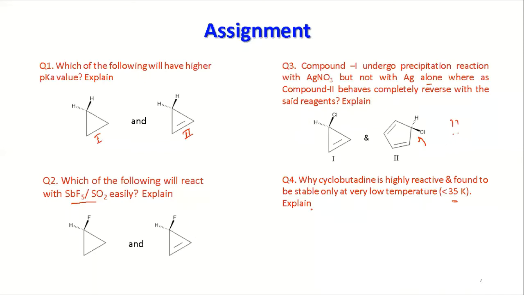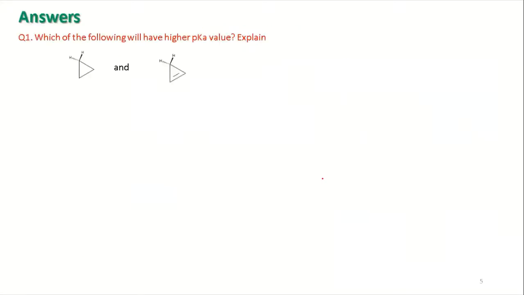Let me give you the answer to question number 1. Which of the following will have a higher pKa value? Before that, we need to know what pKa is. pKa can be defined as minus log Ka. What is Ka? This is the dissociation constant of the substrate HA, where H is the proton that can come out: A minus and H plus.